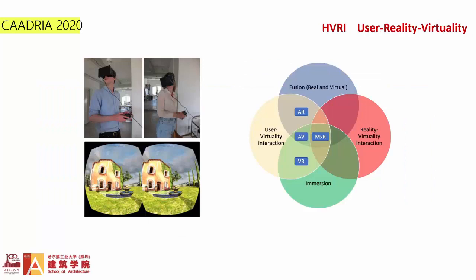So right now, the reality-virtuality continuum is widely defined by the relationship between virtuality and reality environments, as well as attached technology advancement, as shown in this diagram.